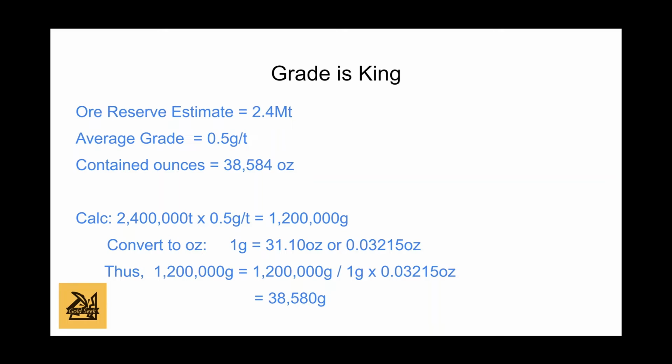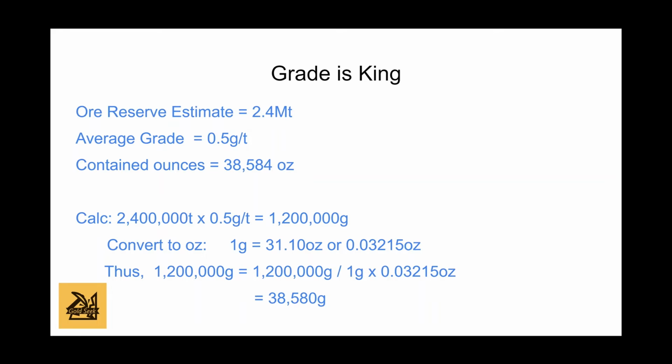You then convert the 1.2 million grams to ounces. 1 gram is the equivalent of 0.03215 ounce.